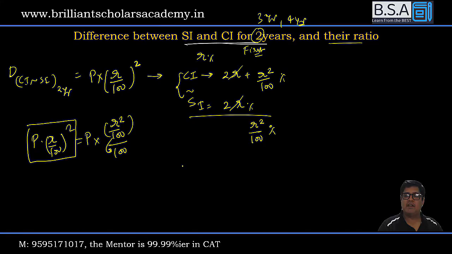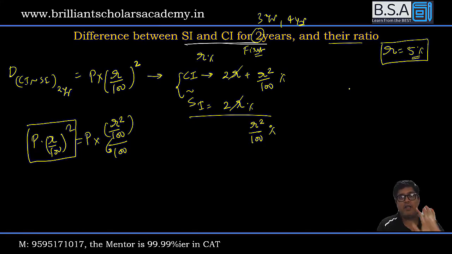For 2 years, it is okay to remember these. What if a ratio has been given or asked? If I say the rate of interest is 5%, or maybe they want to ask me what the rate of interest is.